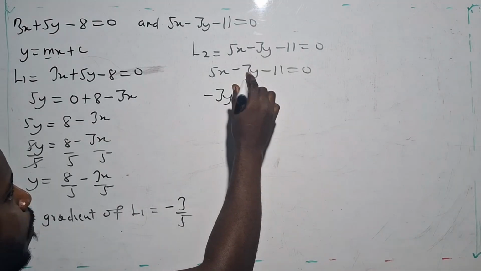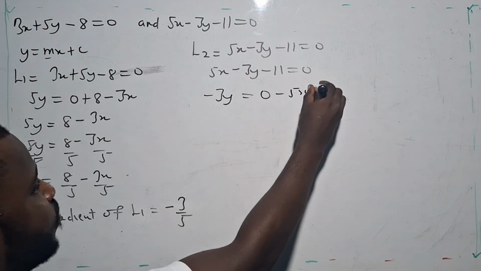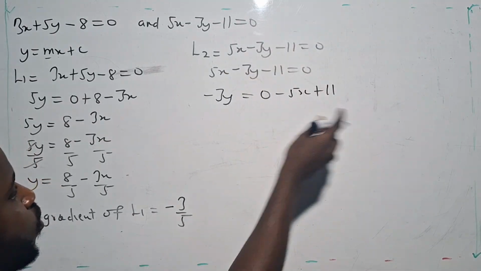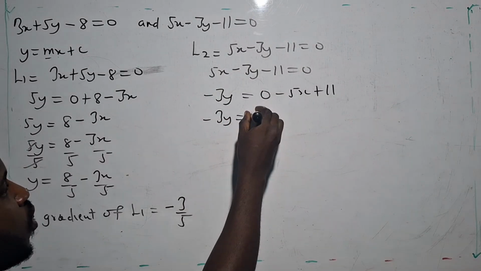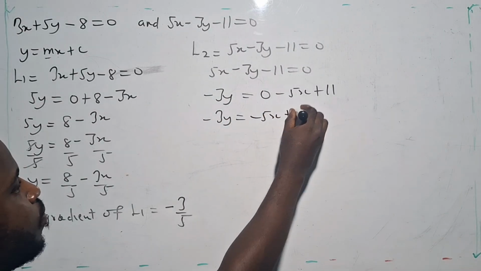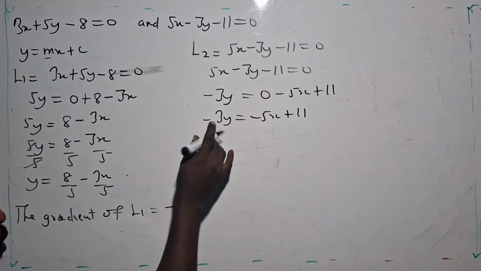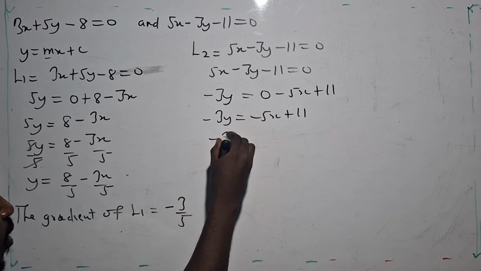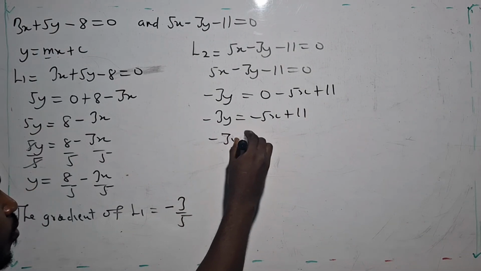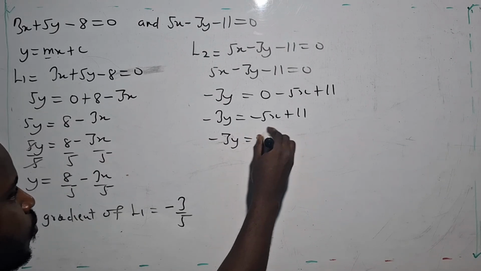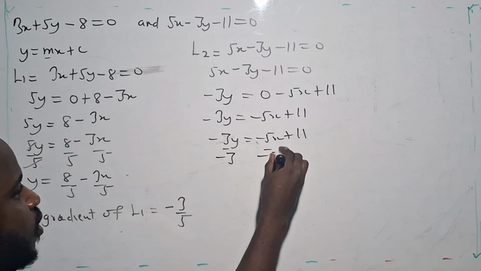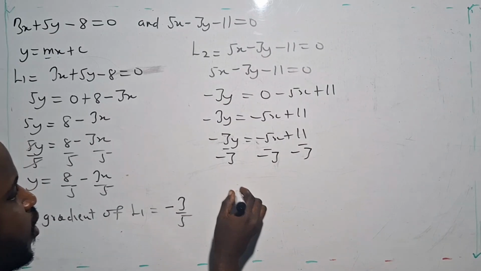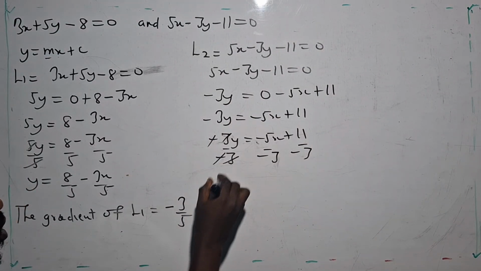So I have 0 minus 5x plus 11. Negative 3y is equal to negative 5x plus 11. Since I'm looking for y, I'll divide both sides by negative 3.